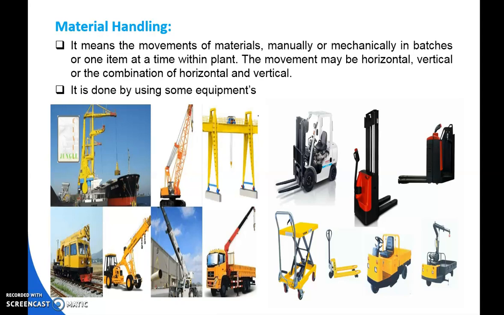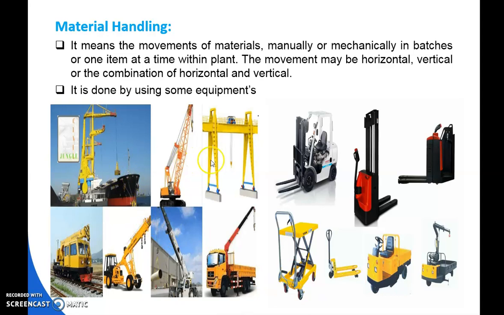Material handling means the movement of material manually or mechanically, in batches or one item at a time, within the plant. The movement may be horizontal, vertical, or inclined, that is a combination of both horizontal and vertical.